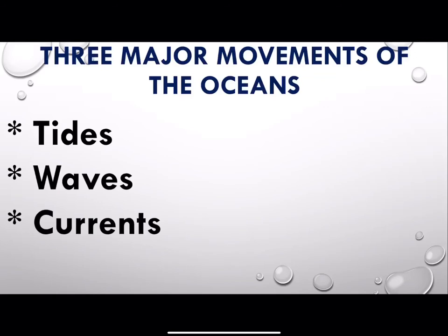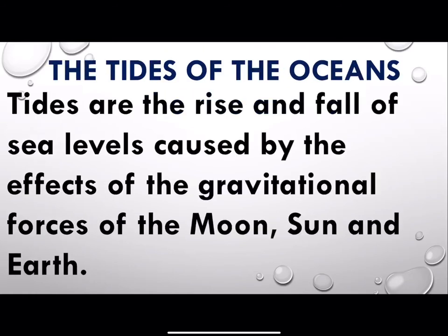So we're looking at three major movements of the oceans: the tides, the waves, and the currents. You already have all this information, so you don't have to write any of this down yet. We talked about how the tides of the oceans are the rise and fall of sea levels.